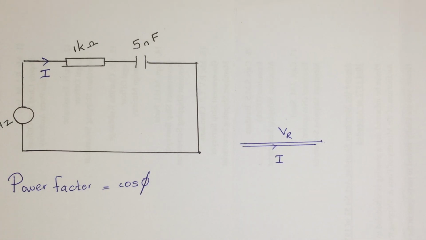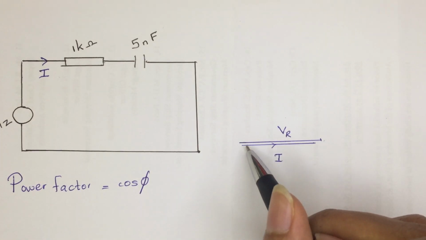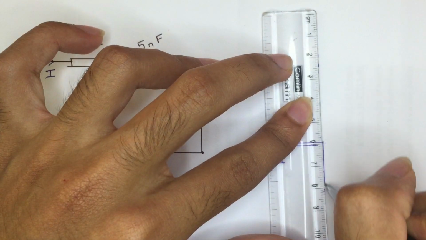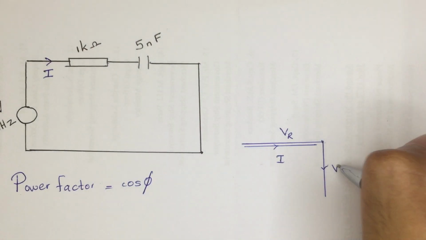It's going to be in the downside direction because the voltage across the capacitor lags the current. The capacitor's current is in this way, so the voltage would be on this side. This is the voltage of the capacitor.